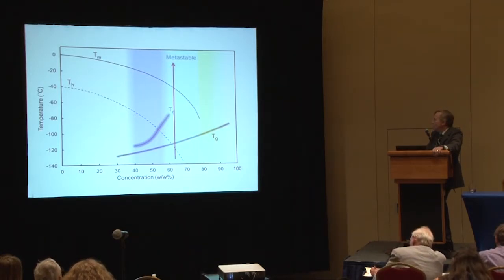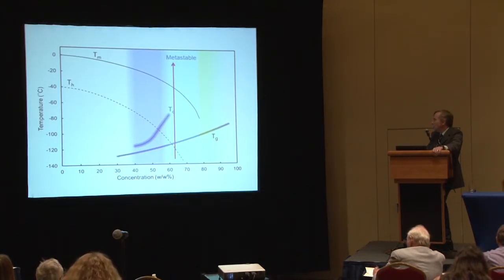For metastable systems, it's possible to outrun devitrification if you just warm fast enough, because the number of ice nuclei are limited, and there's a lot of ice growth that has to occur for a significant amount of ice to form in the solution. And if you warm fast enough, you can basically avoid problems with devitrification in the metastable zone.